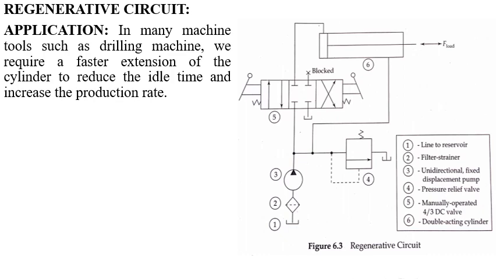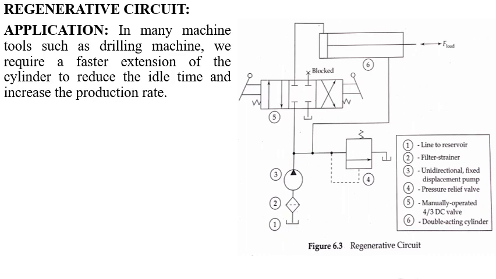The speed of extension is greater than that of a regular double acting cylinder because the flow from the rod end regenerates the pump flow, QP, where QP means pump flow, to provide the total flow rate, QT. We can discuss what QT, QP and QR are in later slides.